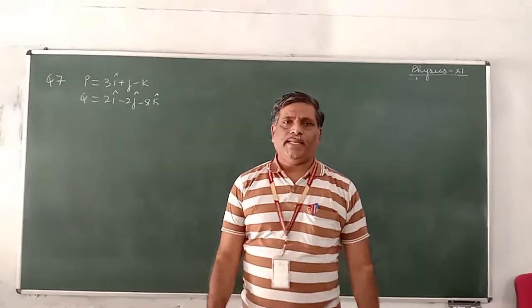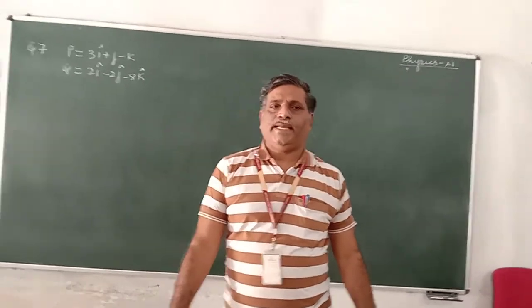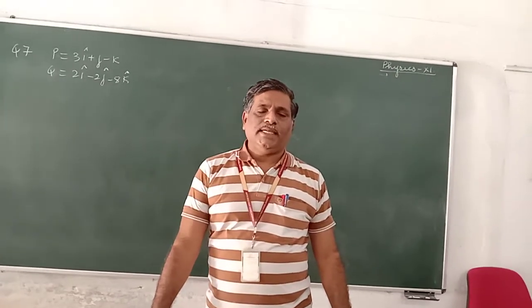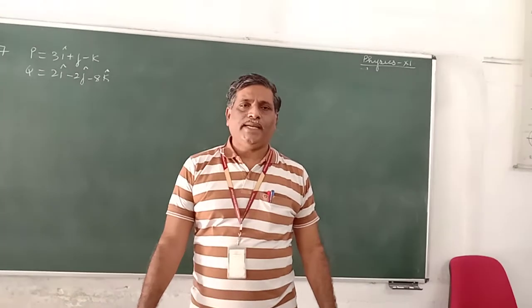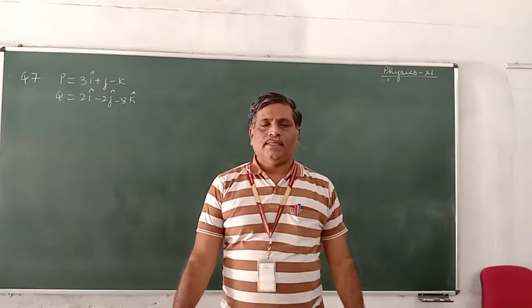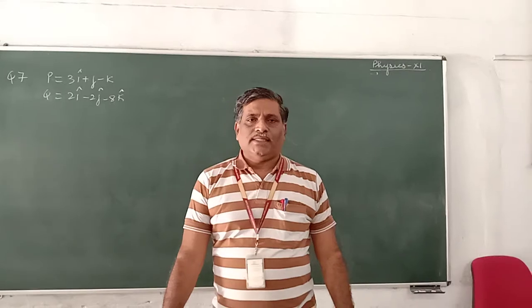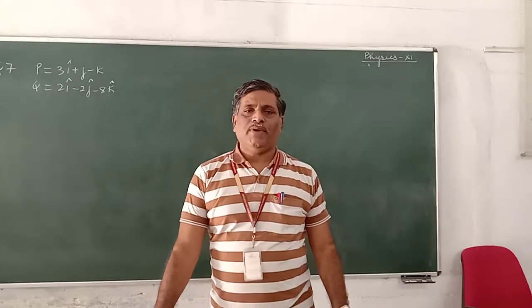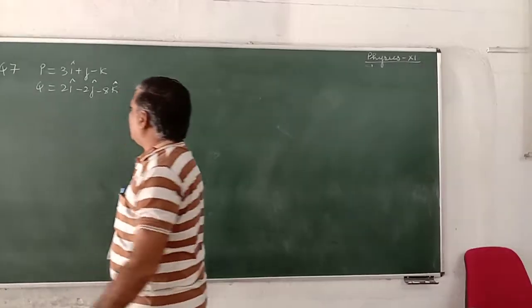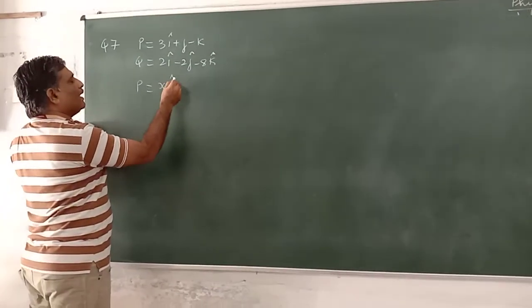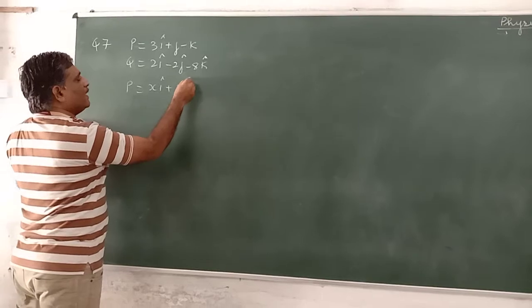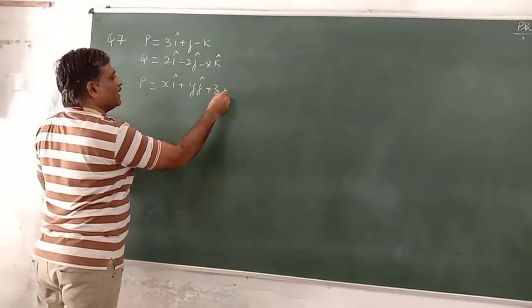Generally, when we take it as A, we write it as AX i, AY j, AZ k. When we take it as B, we write it as BX i, BY j, BZ k. But in the general case, suppose P, we can write P as P is equal to x i plus y j plus z k.